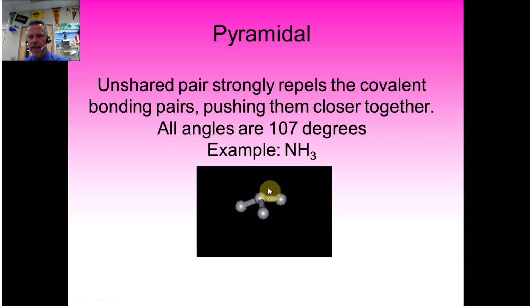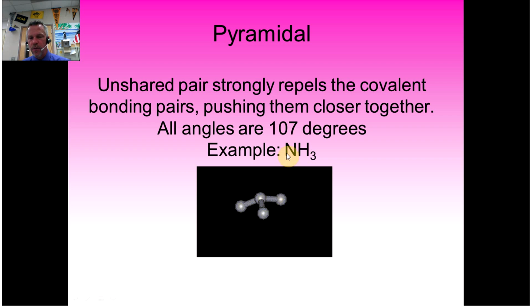And so let's take a look at an example. Here is an example of NH3, which is commonly called ammonia, but we would call it nitrogen trihydride. So in this molecule, the central atom is nitrogen, and there are 3 things attached to it. Okay, 3 hydrogen atoms in this case are attached to this central atom, and there's a shared pair of electrons that make up each of these covalent bonds.